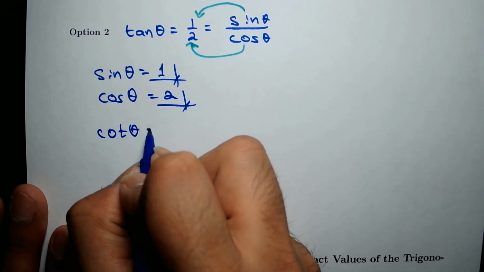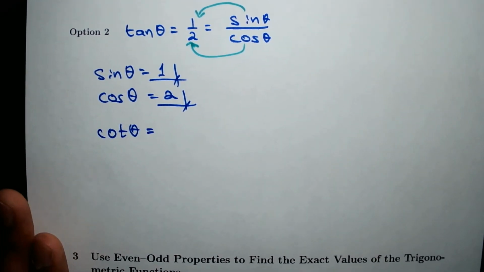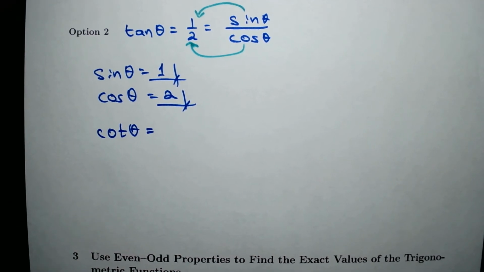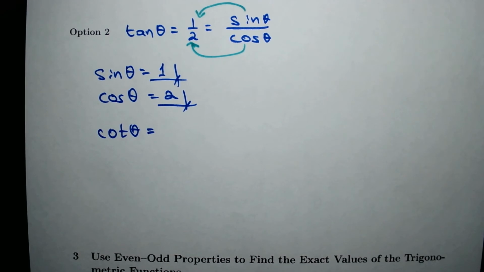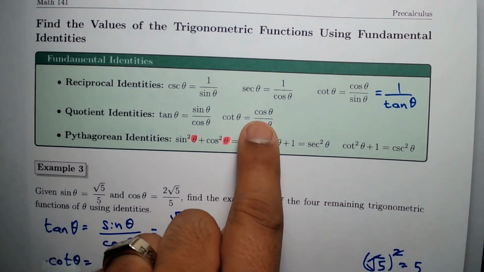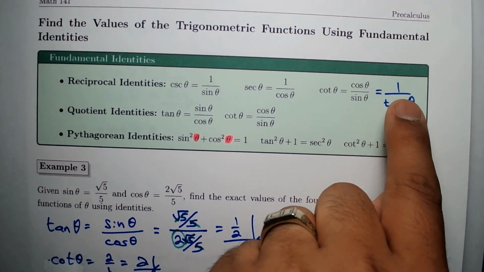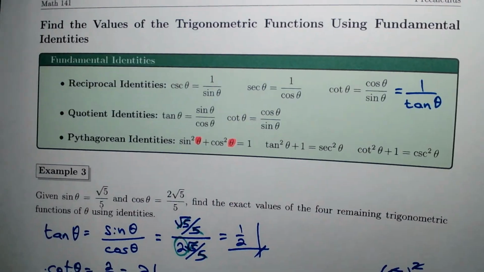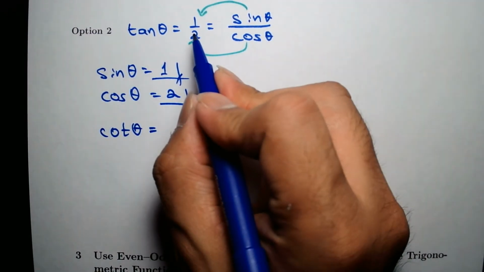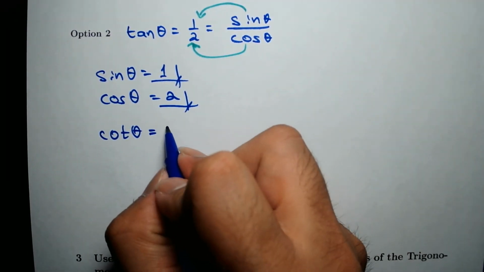Cotangent theta is simply the reciprocal of the tangent function. So all we do is take the reciprocal of 1/2, which equals 2.